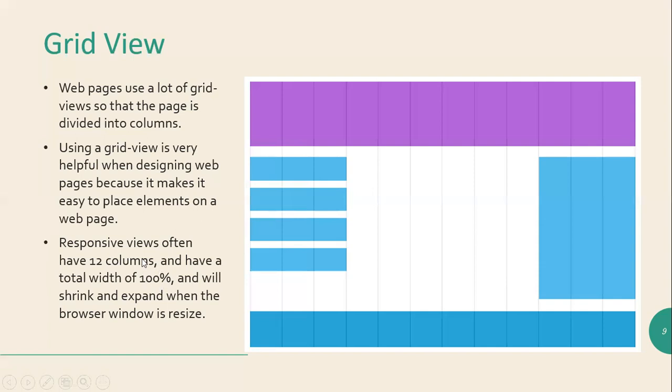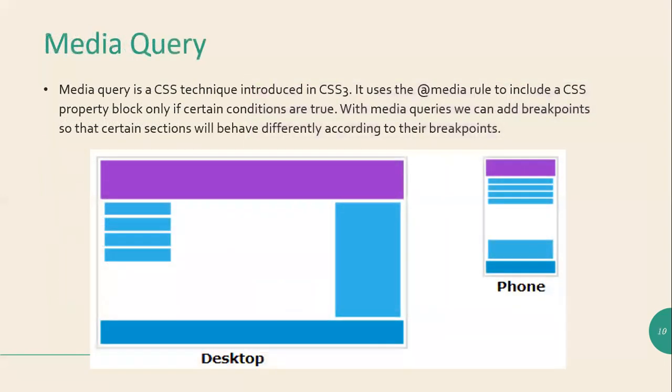Okay. Here it is written, it will shrink and expand when the browser window is resized. Okay, so this is also an example of using a responsive web page, where we can use media query.